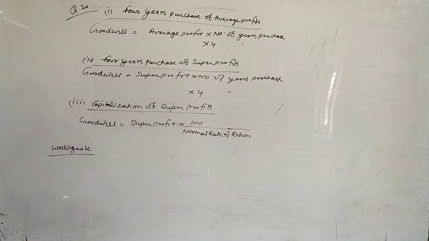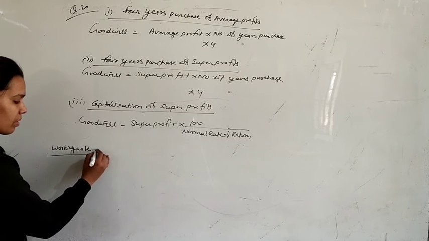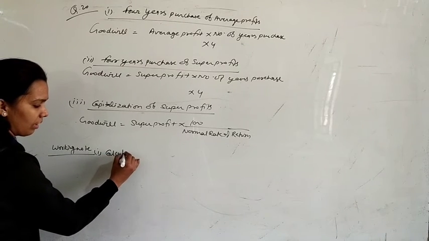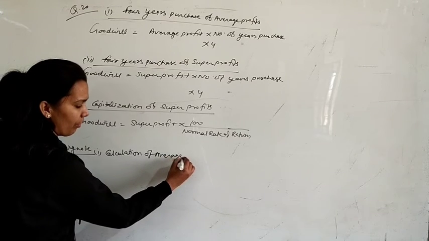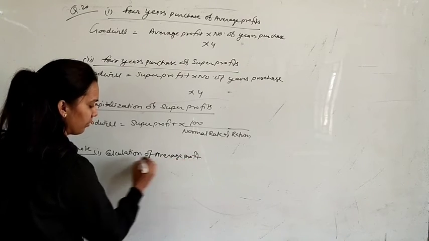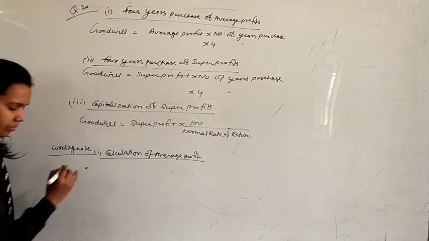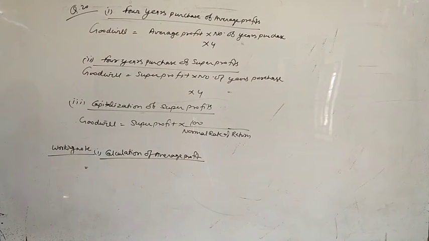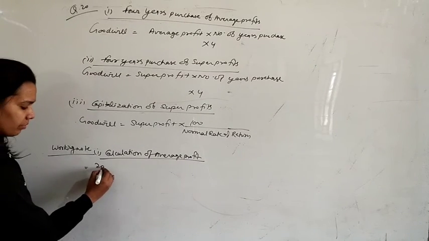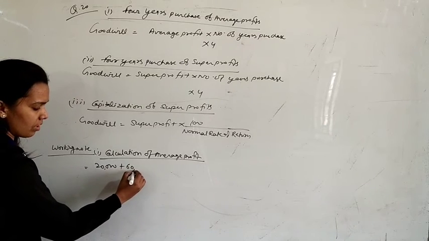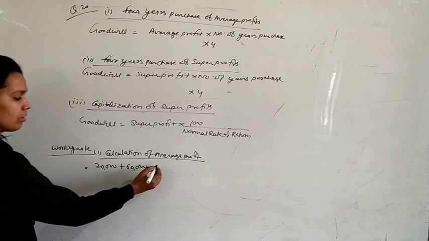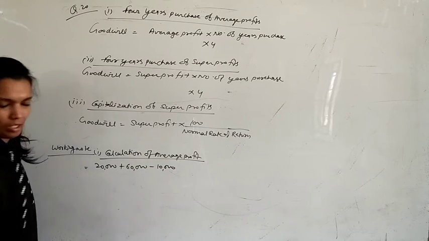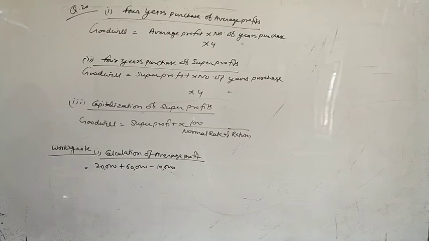Yes, so we have 6 years profit. Find average profit first. Calculation of average profit. 20,000 first year's profit, 60,000 second year's profit. In third year we got a loss of rupees 10,000. Then in next 3 years, 60, 50 and 72.